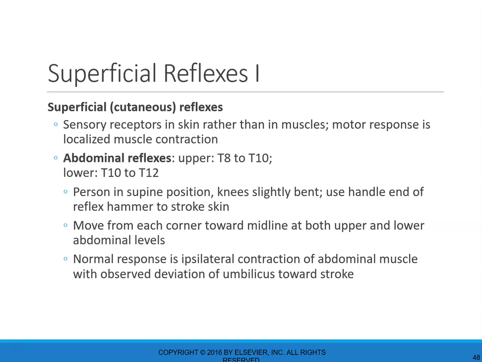For abdominal reflexes, the person will be in a supine position with the knees slightly bent, and you're going to use the handle of the reflex hammer to stroke the skin. You're going to move from each corner toward the midline at both the upper and lower abdominal levels. A normal response is ipsilateral contraction of the abdominal muscle.